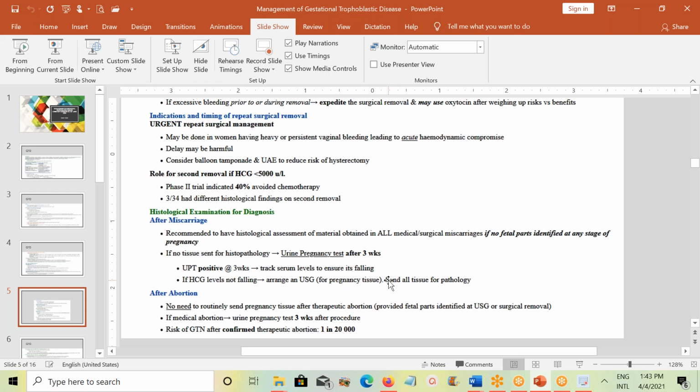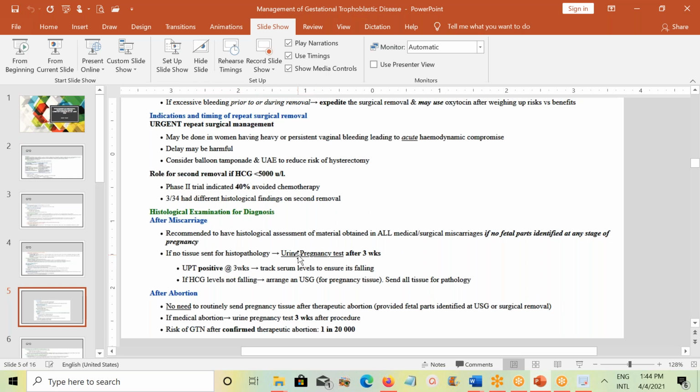If no tissue was sent for histopathological examination, in that case you need to repeat the urine pregnancy test after 3 weeks. So first, after all miscarriages, you should send the tissue for histopathological examination, and if you're not sending for histopathology, then you need to run a urine pregnancy test after 3 weeks. We do this for all patients.